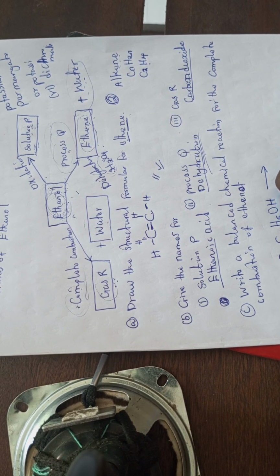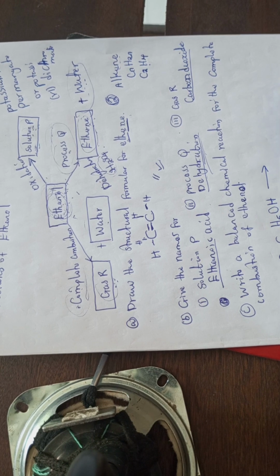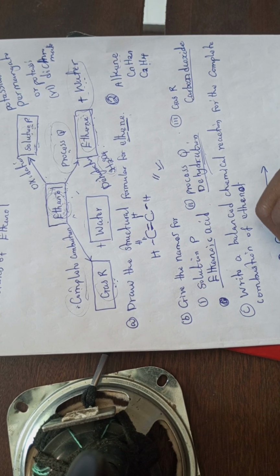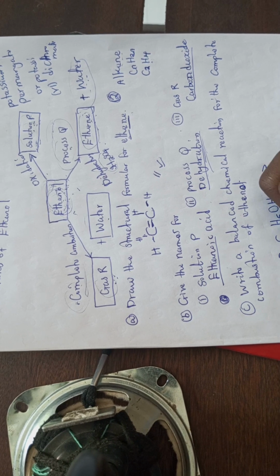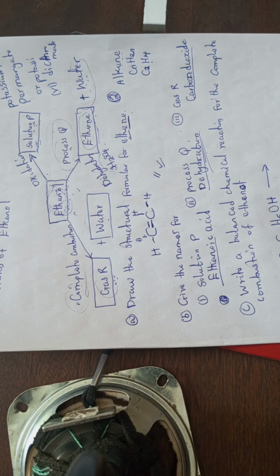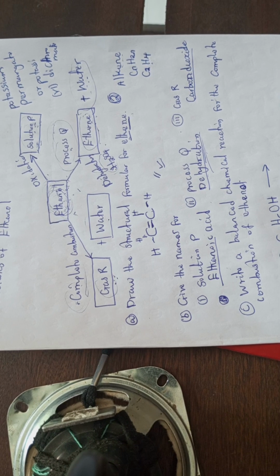It's good to know the general formula because sometimes they ask questions from it. The homologous series alcohols has the word ending ano.